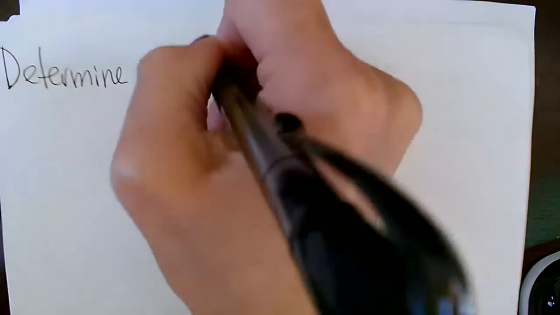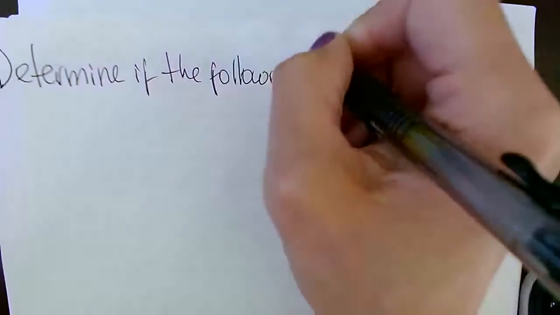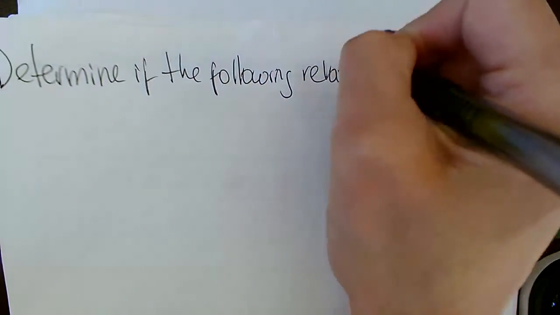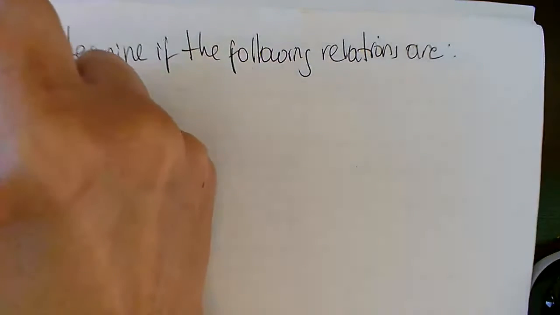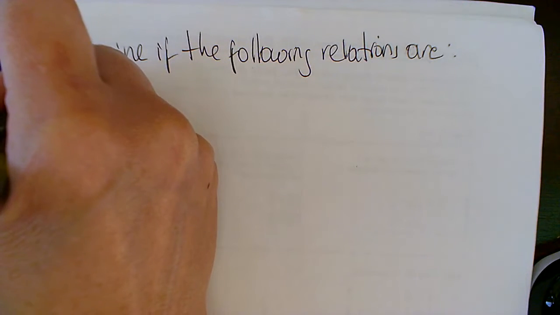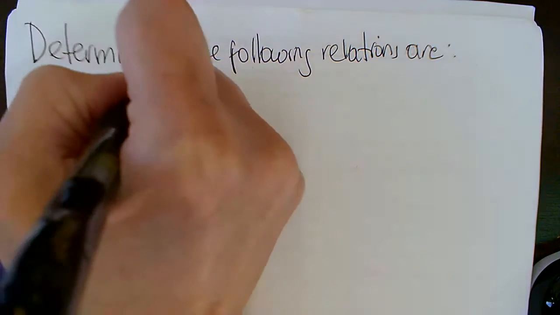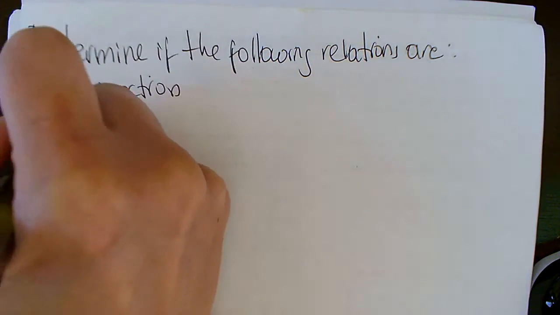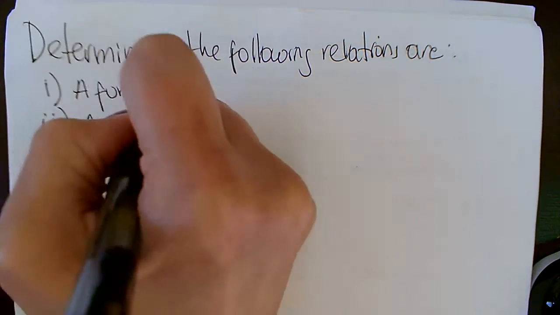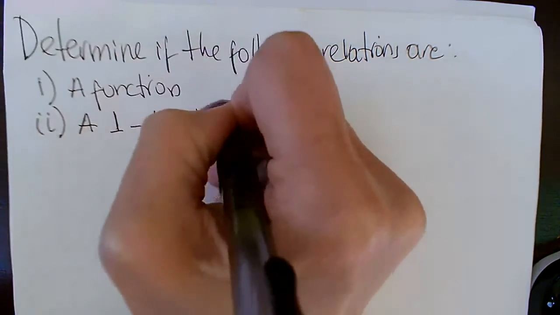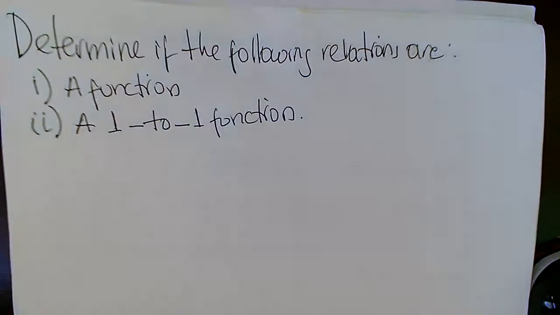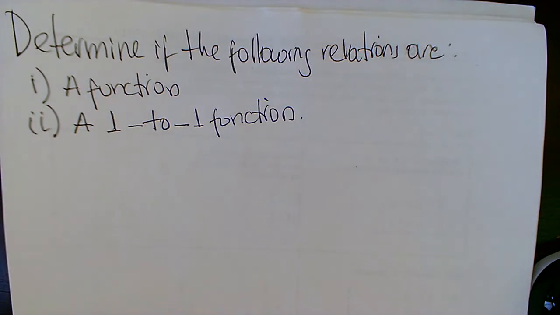It says determine if the following relations are, first, a function and, second, a one-to-one function. Okay, so let's do the first one.